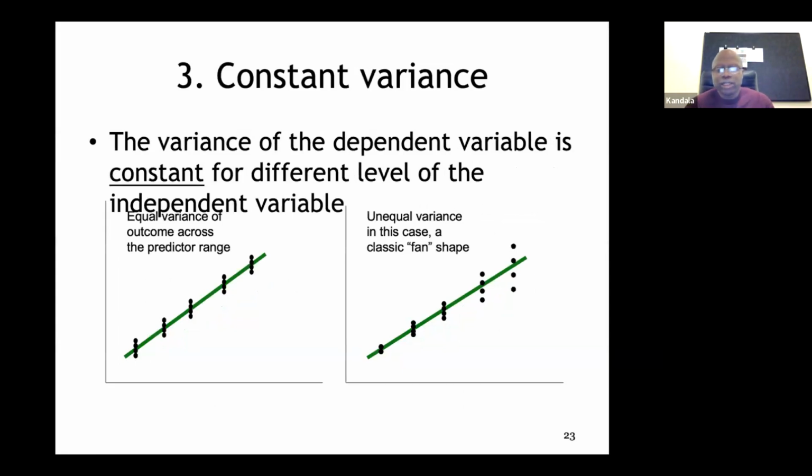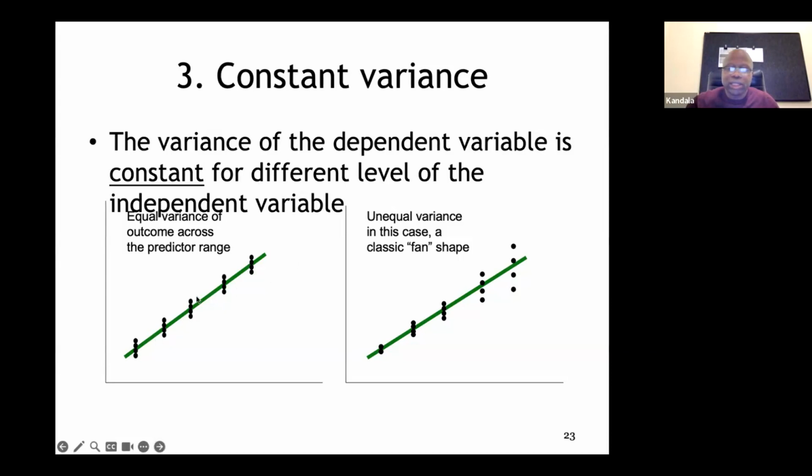For constant variance, we saw one way of determining this, using the residuals and the red arrow to see whether the variance is constant. This is also another way of checking this: the variance of the dependent variable is constant for different levels of the independent variable.